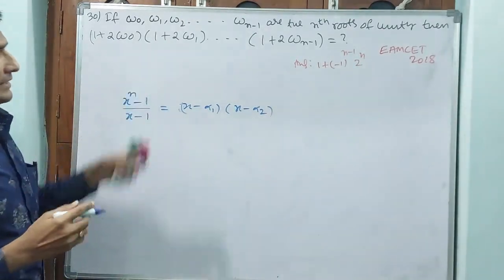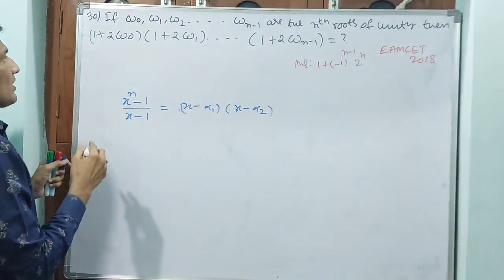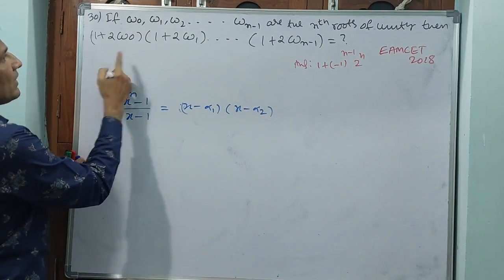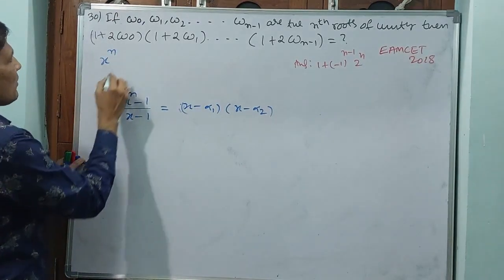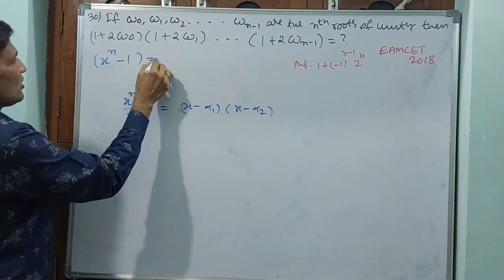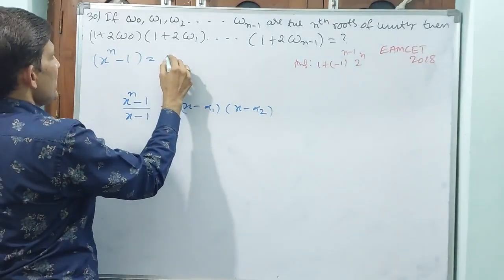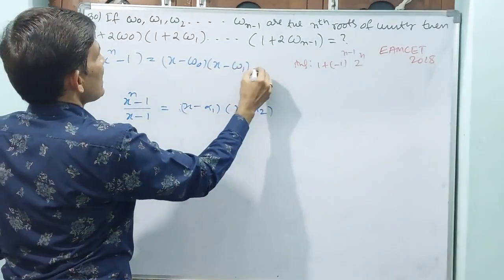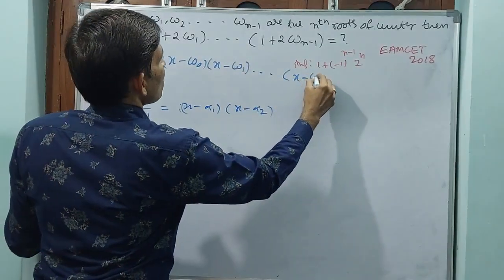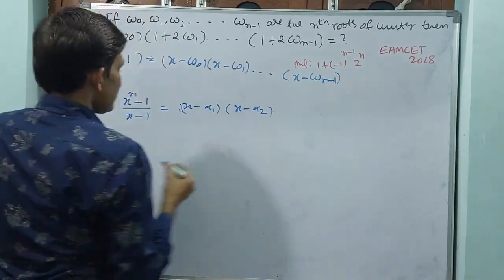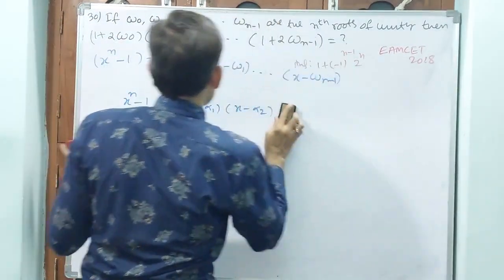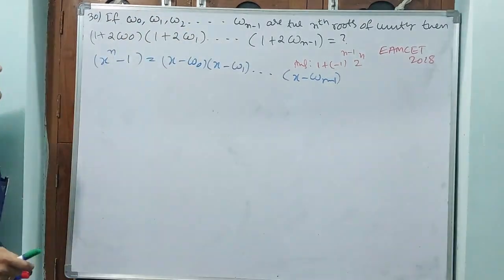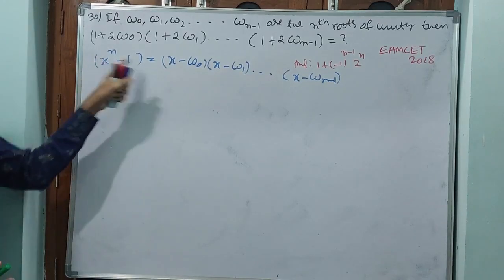Then how can you write this? Can we write like this? You see, x power n minus 1 is equal to, first term also I am including. That means see, x minus omega 0, x minus omega 1 up to x minus omega n minus 1. Shall I write like this? Okay, definitely I can write now. Why? Because see, same like the earlier question.